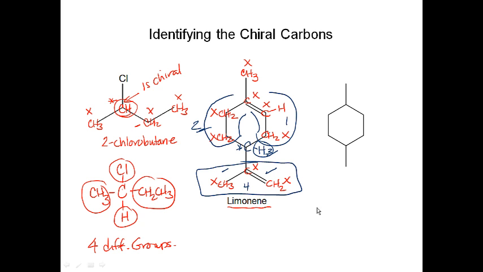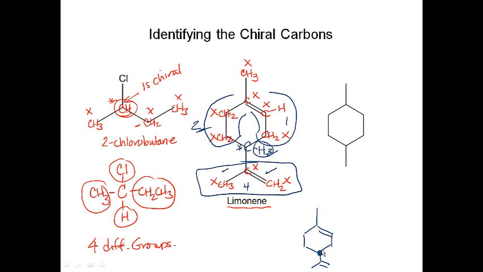Okay. Let me show you a somewhat easier test. Remember that internal mirror plane of symmetry: when it cuts through a carbon, that carbon is not chiral. Is there any way that I can draw a plane through this carbon and cut the molecule in half?